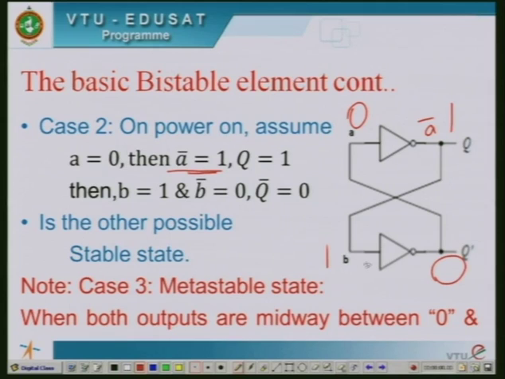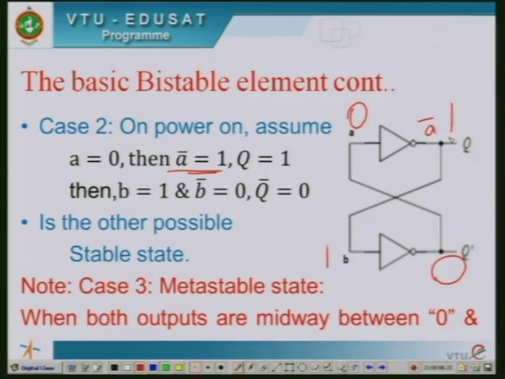So I have a 1 here, then Q bar becomes 0. So you can see now the permanent state of this bistable element: it will have Q as 1 and Q bar as 0. This is the second stable state possible for the bistable multivibrator. The first stable state was when Q was 0 and Q bar was 1.